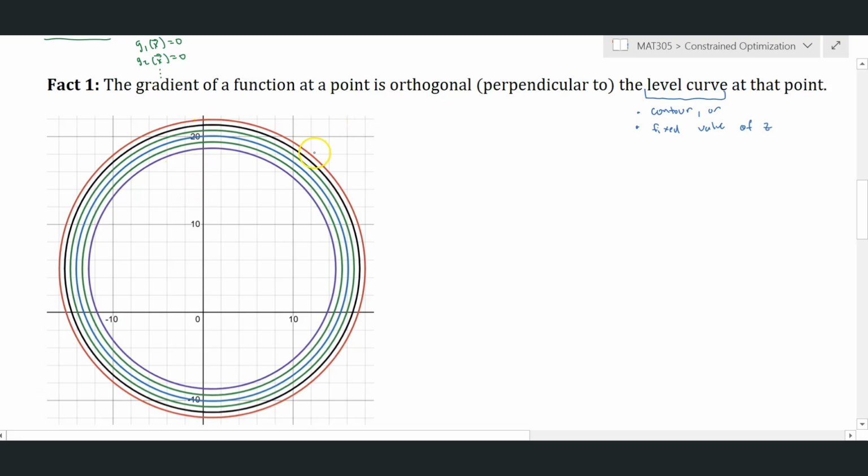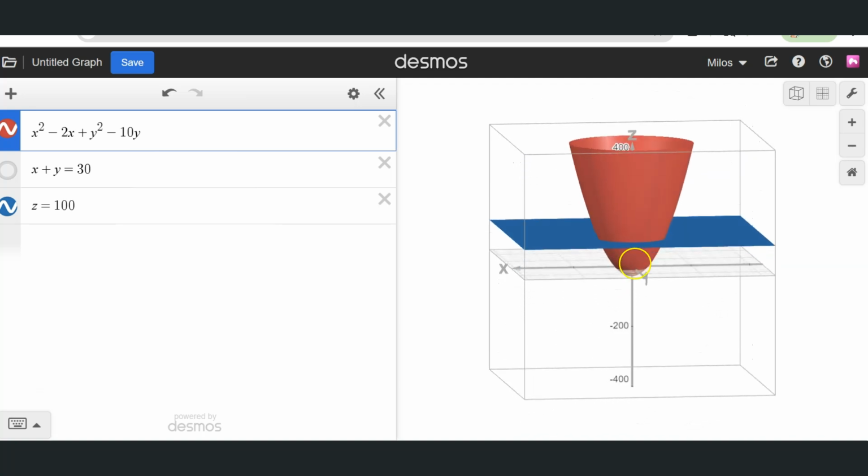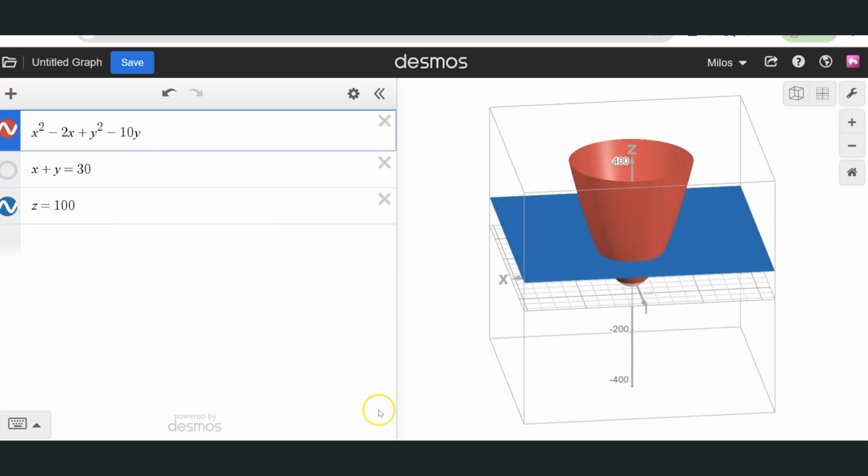And let's just say that I pick a point that happens to be on this red contour right here. Okay, and if we think about what the gradient tells us, the gradient tells us which direction we should move in order to increase our elevation as quickly as possible. Now, if you look at this shape, you would want to move outwards from the origin, right?